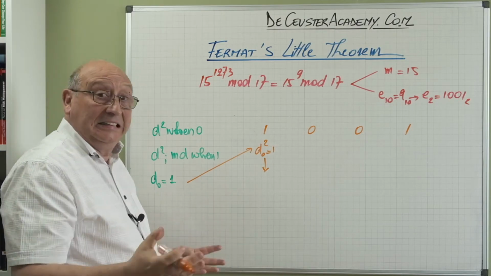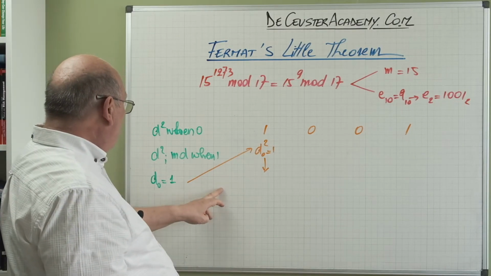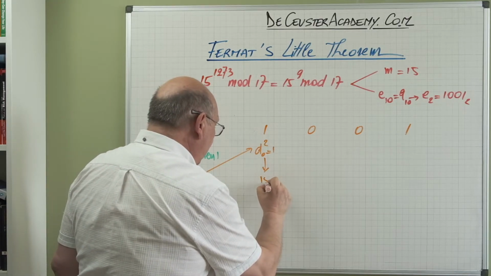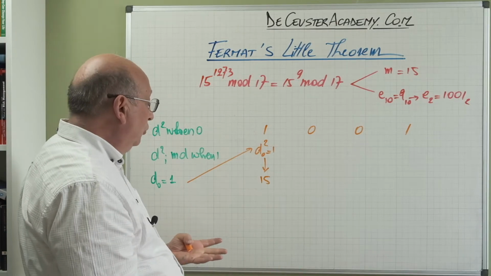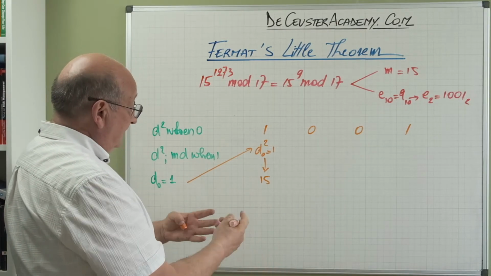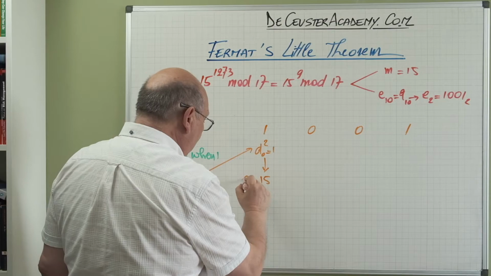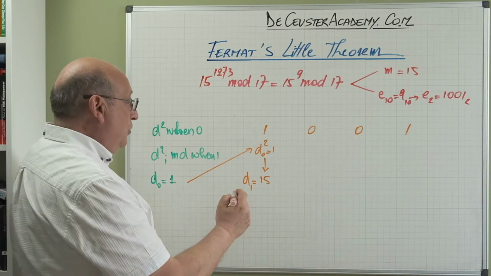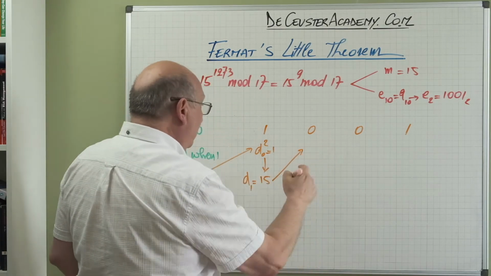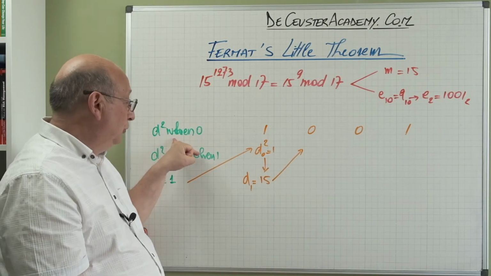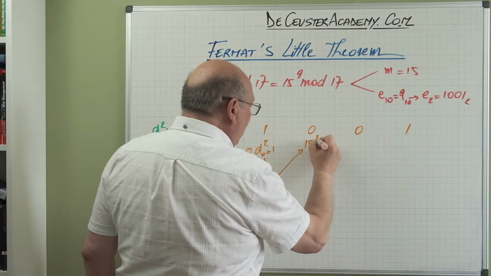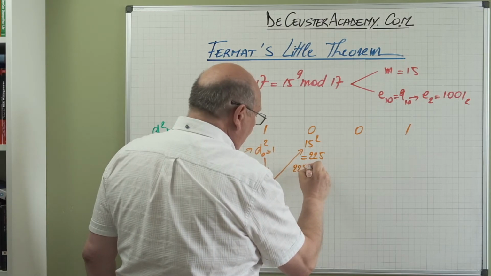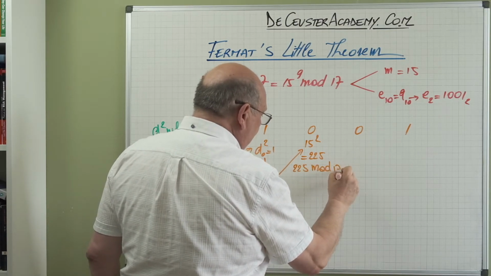Modulus 17, it's still 1, we don't have to do anything, but now we have to multiply with m, so we have 15, and 15 modulus 17 is in fact still 15, so we find d1 after the first iteration is 15. Now we go to the next step, we have 0, so we only have d to the square. 15 to the square is 225. 225 modulus 17.